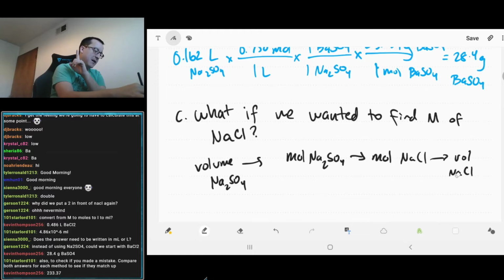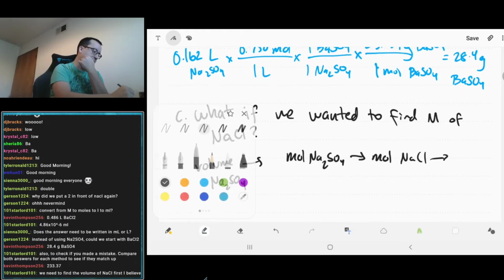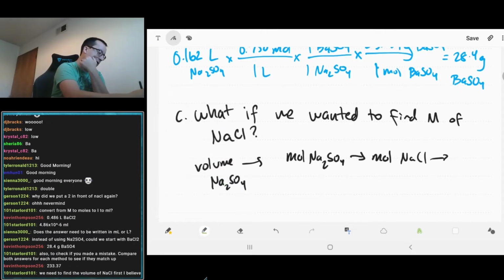Well, you know what? Let me leave that part off right there. So we have some conversion factors already, right? We already know this molarity, we've used it like 5 times by now.